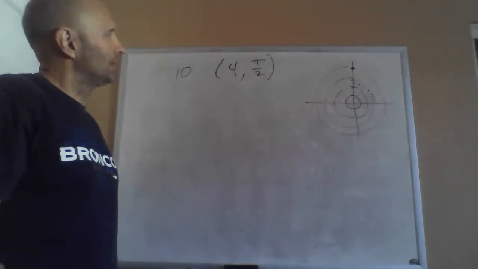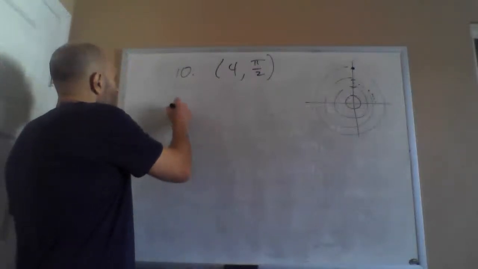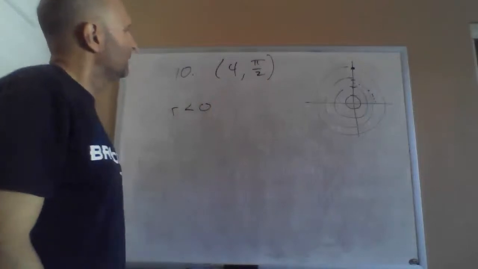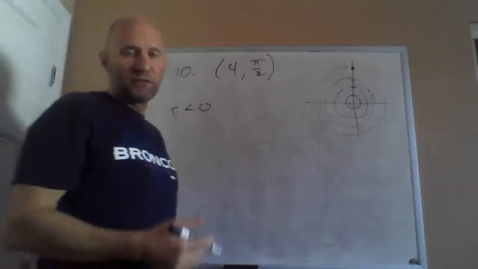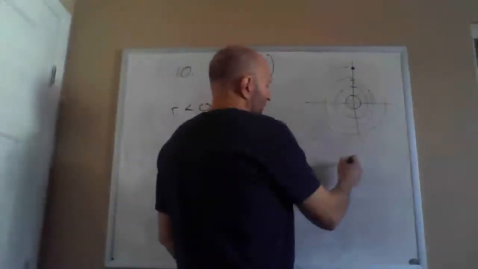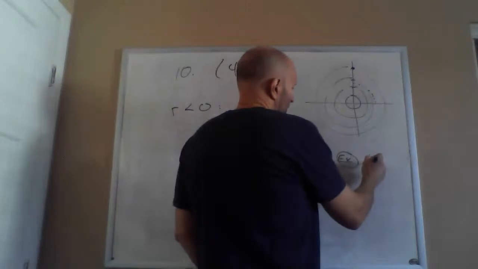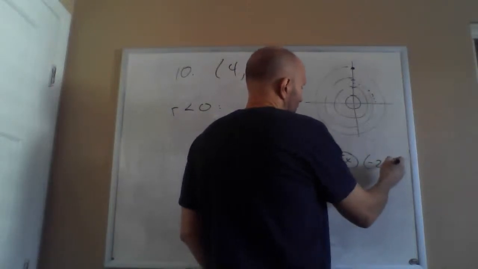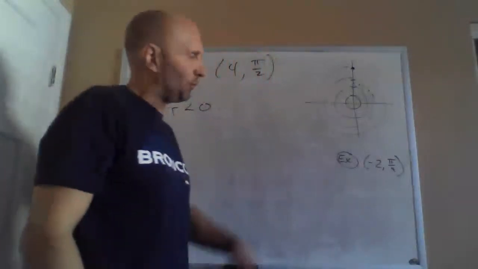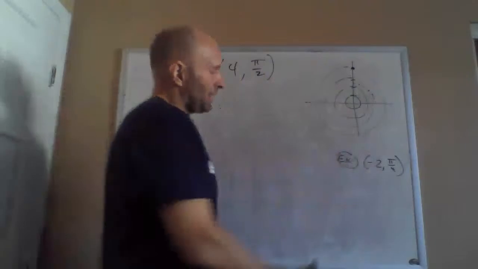So let's do the negative r first. For r less than 0, what does that mean? Let's say, for example, I have the point (-2, pi over 4). In this case, r is negative. So how do I plot this point?